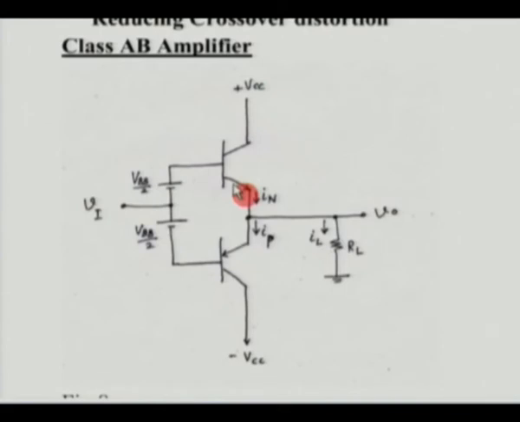If you make it too small, then it will have distortion. So this particular voltage needs to be very, very carefully chosen. Let us tentatively take this value to be 0.5 volts, but this is a voltage which we need to choose very carefully.